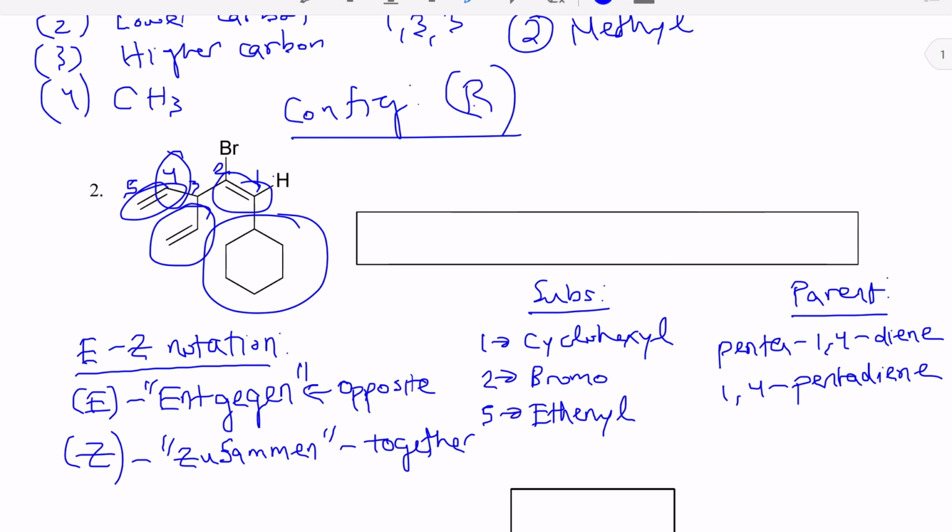So we have almost everything figured out for the name. The last piece in the puzzle is to figure out what the stereochemistry is. And in this case, we're not dealing with R or S, because we don't have a stereocenter in this molecule. There are no stereocenters.